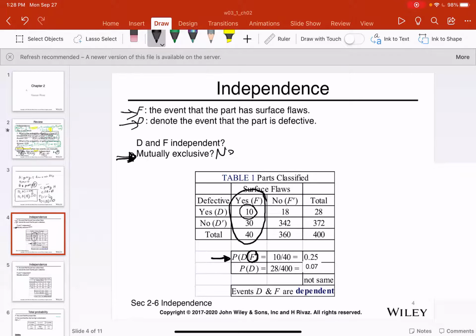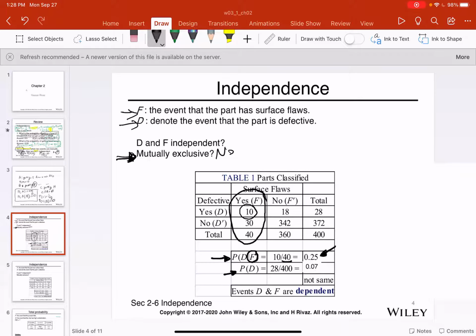So that part has a flaw. The F has a surface flaw, right? So we divide by 40, and defective here is 10. So this probability, P of D given F, is 25%, right? And then we also have to calculate probability of D. In general, what's the probability of a part being defective?